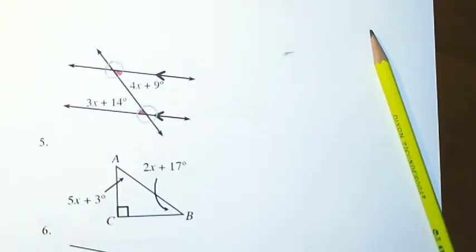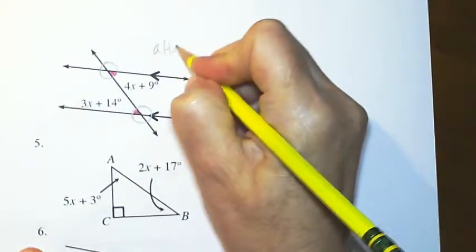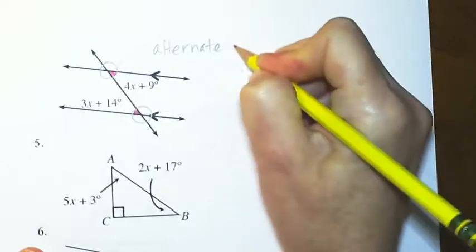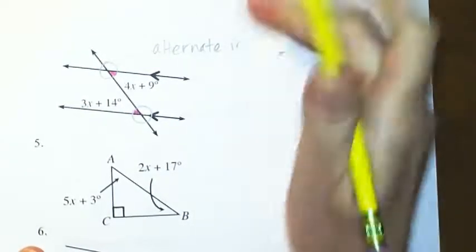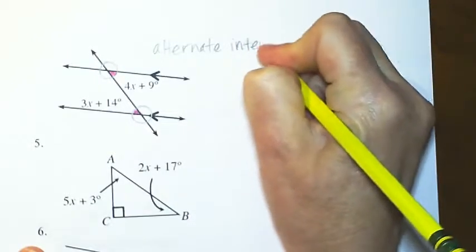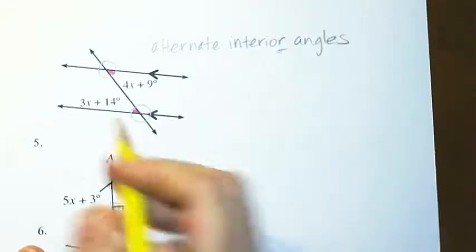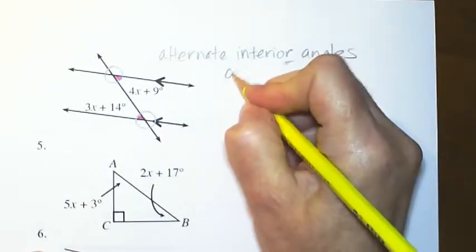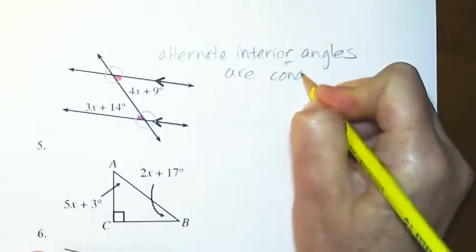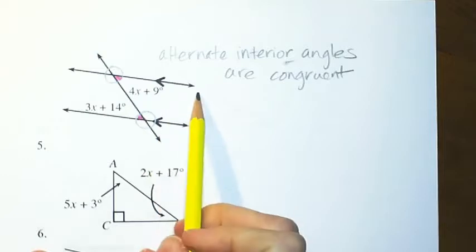So those two angles are alternate interior angles, and alternate interior angles when the lines are parallel are congruent. Okay, only when lines are parallel.